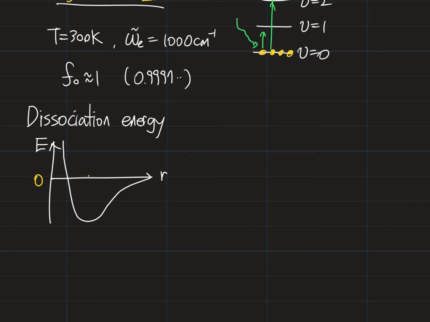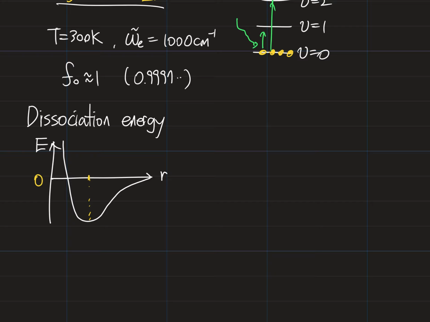And at the equilibrium geometry, they would have the lowest energy. And when they get too close, their energy diverges because of the strong repulsion between the positive charge in the atoms' nuclei. And anyway, this is the electronic energy.